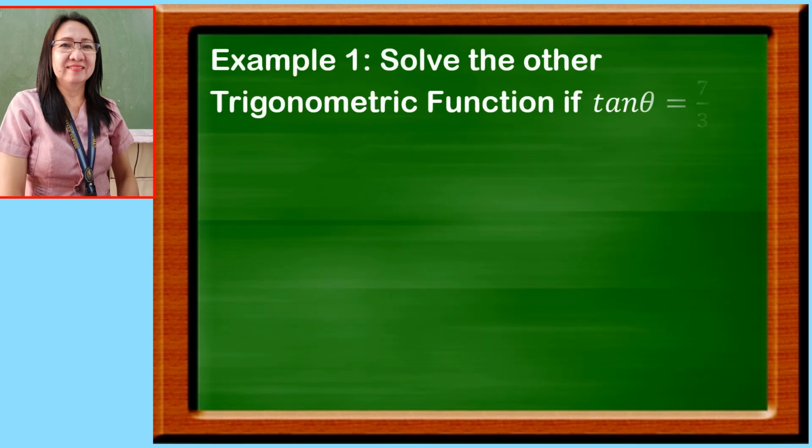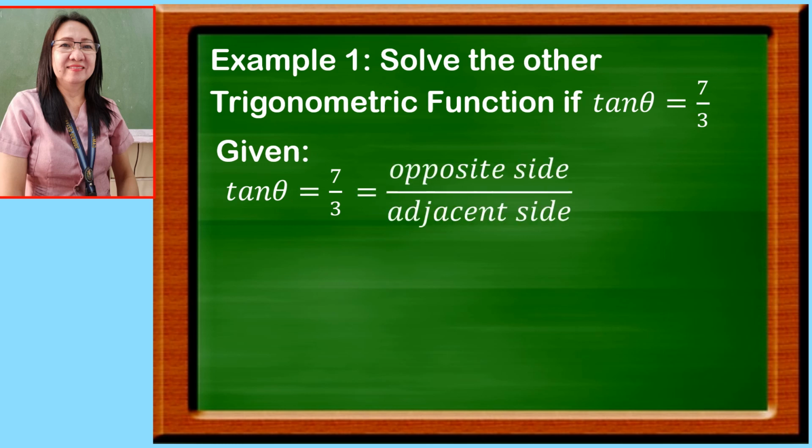Now, let us see how we'll be able to apply those trigonometric functions if one of the functions is given. For example, solve the other trigonometric functions if tangent theta is equal to 7 over 3. So let us take our given as our tangent theta, which is equal to 7 over 3.